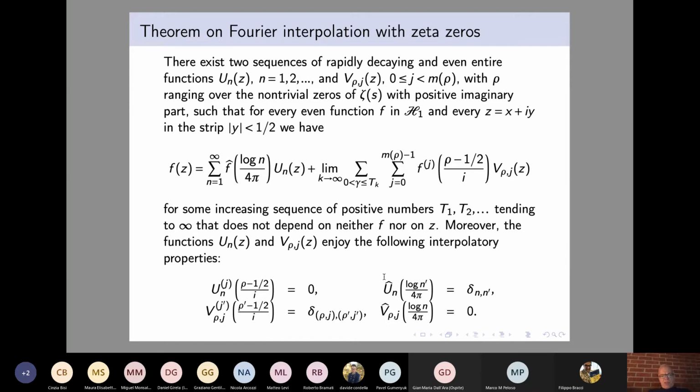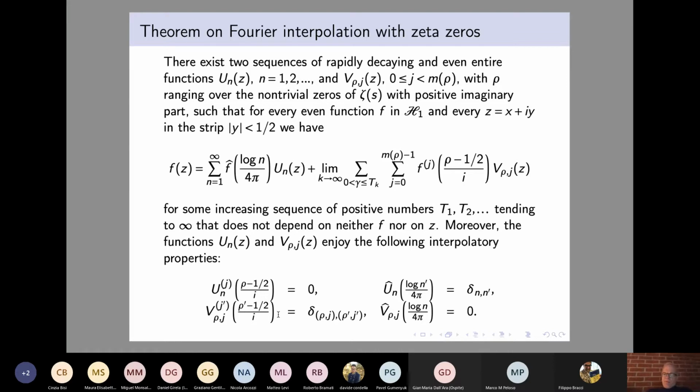So basically what I'm saying here is that in an appropriate sense, the system of functions is complete and minimal. Each one of them takes the value 1 at its point and is 0 everywhere else, including at the other side of the Fourier transform. So this is the theorem.